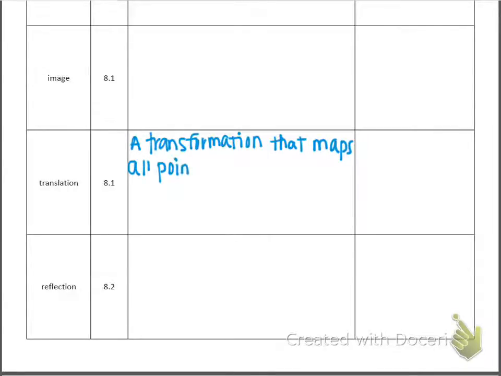So a translation is a transformation that maps all points of a figure the same distance in the same direction.